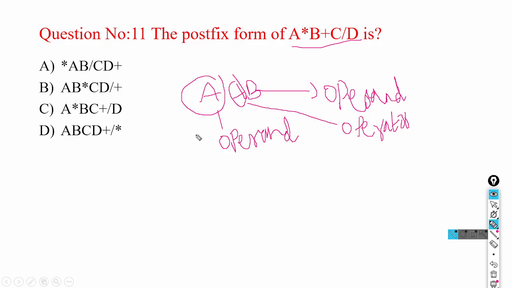If there are alphabets, we call them operands. If there are symbols like plus, multiplication, division, modulus, we call them operators.